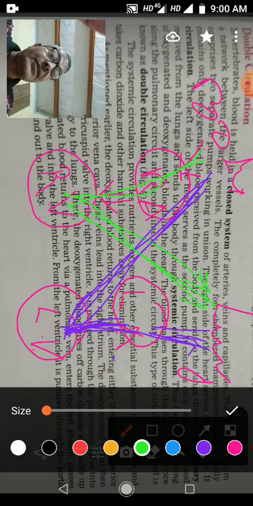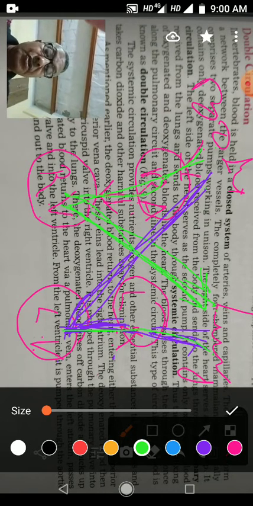In the pulmonary circulation, blood circulates from the body to the right auricle, to the right ventricle, to the lung. In the systemic circulation, blood circulates from the lung to the left auricle, to the left ventricle, and left ventricle to the body.